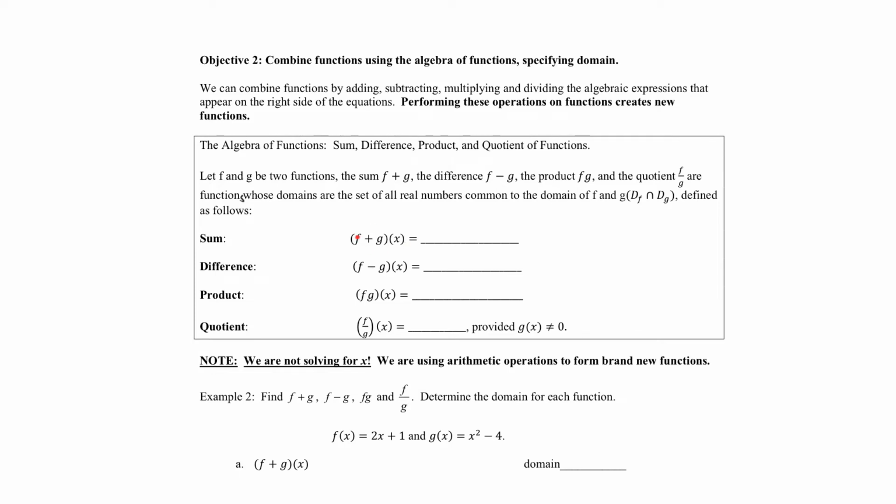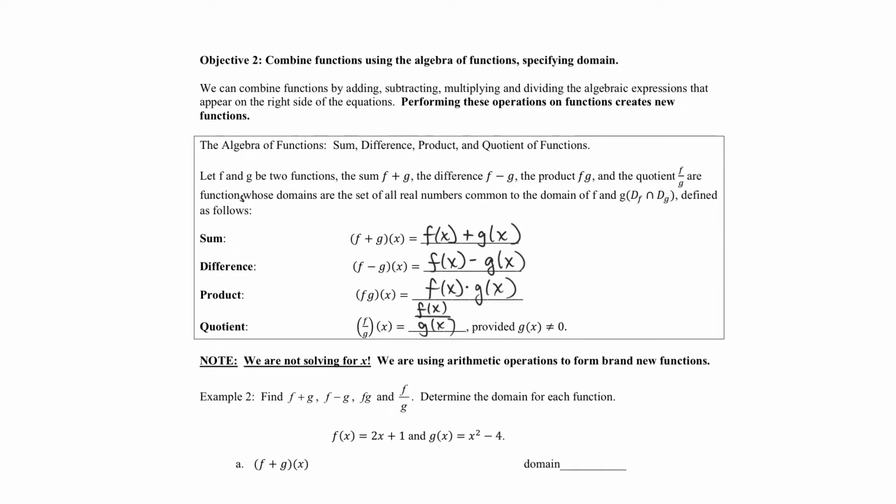So now the way that we define the sum of two functions is really very straightforward. F plus g of x is simply equal to f of x plus g of x. The difference, f minus g of x, is simply f of x minus g of x. The product, f times g of x, is simply f of x times g of x. And the quotient, f divided by g of x, is simply f of x divided by g of x.